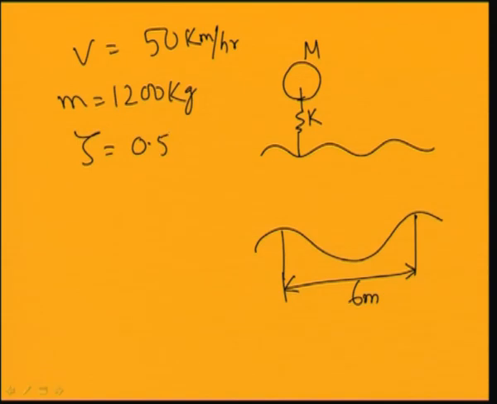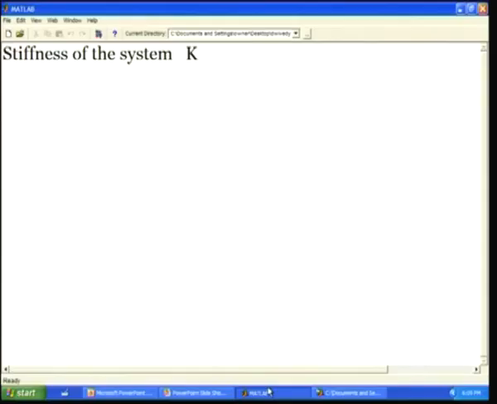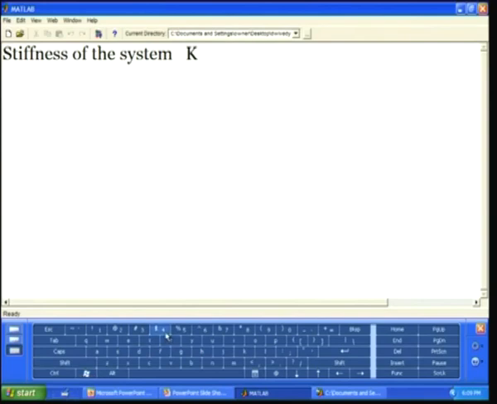So, if you have an undulation of y equal to 0.05, let us find what will be the displacement of this mass. Let me give the stiffness to be 400 kilonewton.